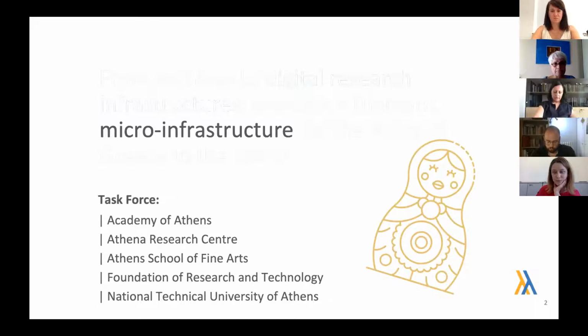To work on this thematic approach, a specific task force was formed with some of the partners of APOLLONIS and Daria Greece. We've heard earlier from Maria Spiliotopoulou about the Academy's contribution to this task force.